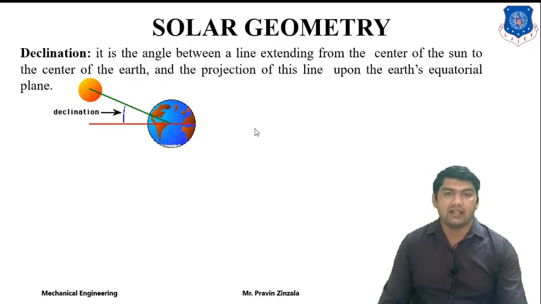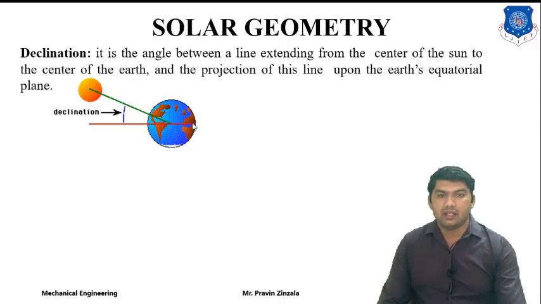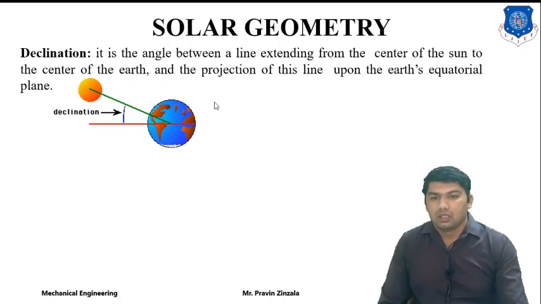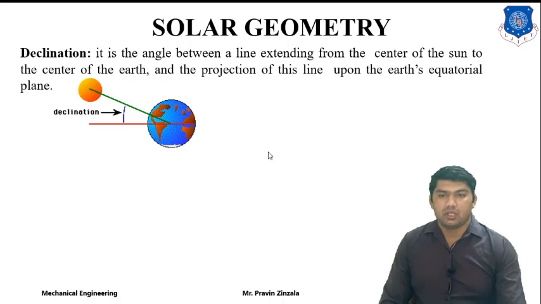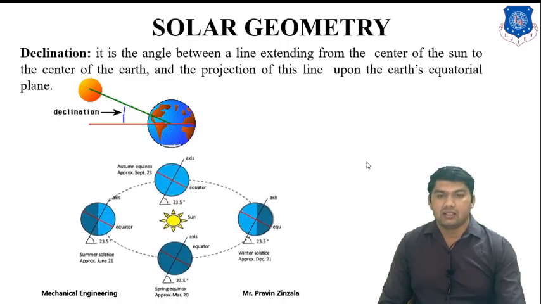Declination is the angle between the line extending from the center of the sun to the center of the earth, while the projection of that line falls upon the earth's equatorial plane. So it is called the declination angle.